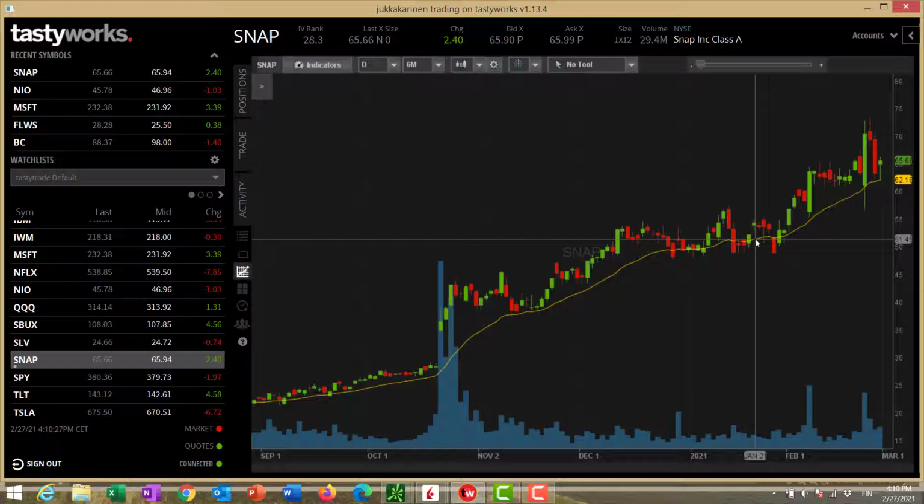This was probably the time when the DMA indicator mentioned in an earlier lesson was directionless, and there it picked a direction again, and that's higher. So exponential moving averages, simple moving averages, they're just basically lines on the chart that are automatically calculated from price, and they tend to follow the price.